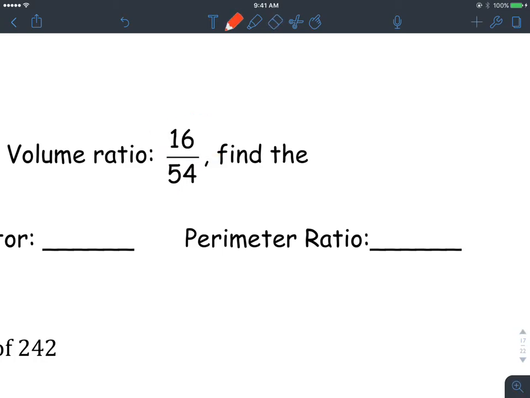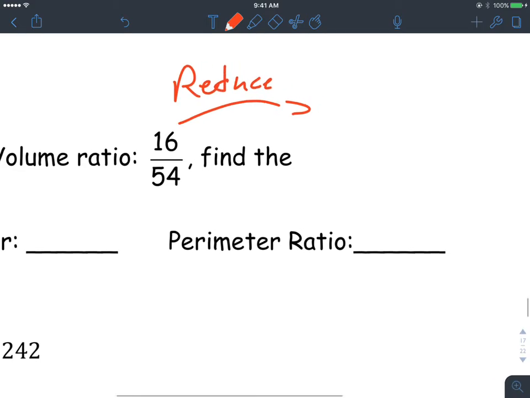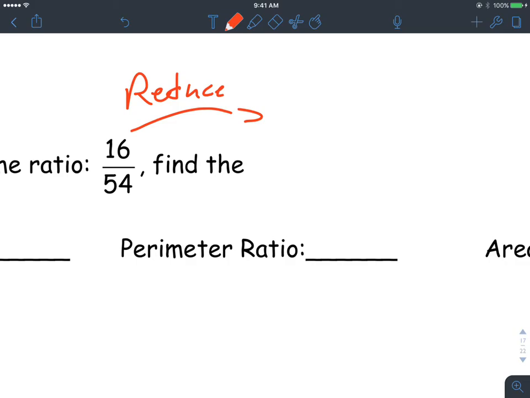So actually we're going to have to first reduce this. If it doesn't work, then you're just going to have some decimals or some radicals with your answer. So when we reduce it, you're going to get 8, and then 54 divided by 2 as well, that'd be 27.